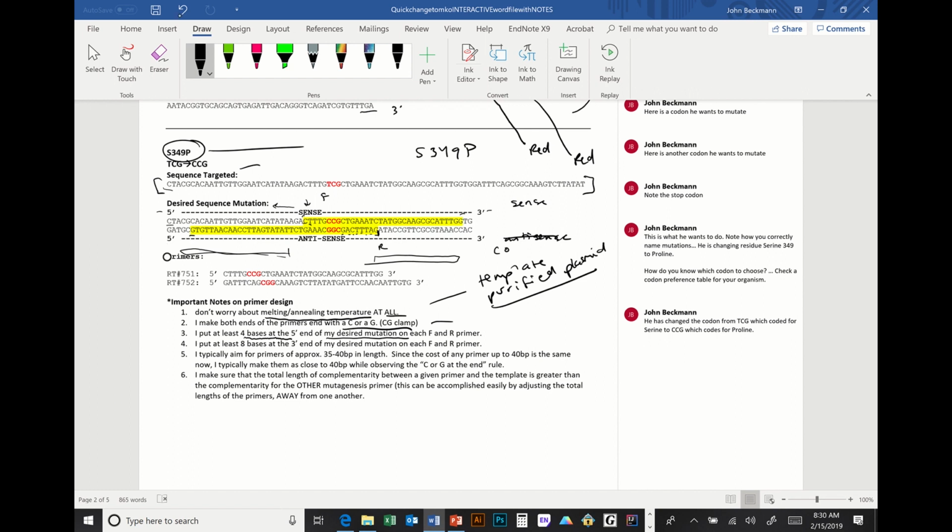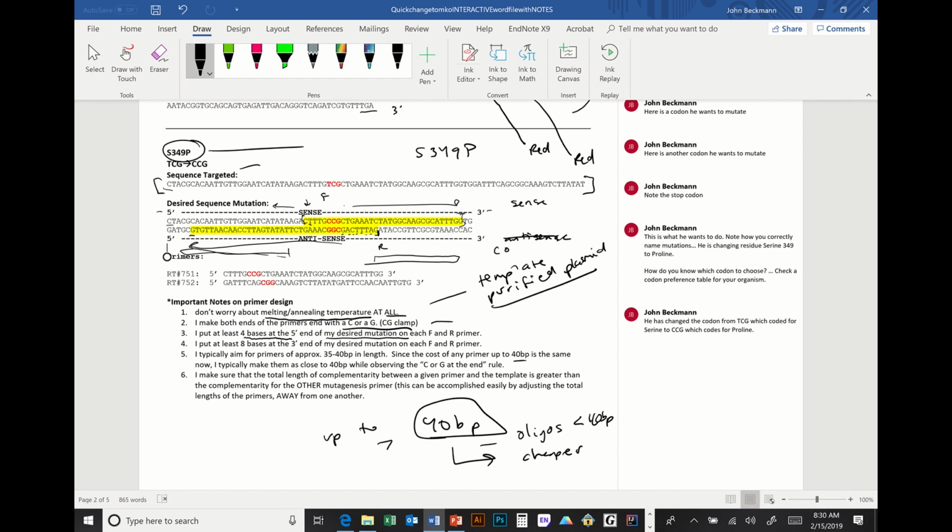Okay. And then you extend your primers as far as you can go to the left or to the right on the other side up to 40 base pairs. Okay? So you would copy this here and you could hit review, word count, or letter count, character count. And then you make it up to 40 base pairs. And the rationale for this is usually when you buy oligos, the price for oligos less than 40 base pairs is cheaper than when you buy oligos that are greater than 40 base pairs.